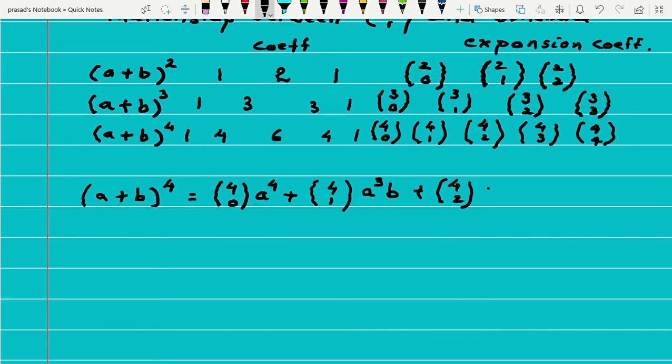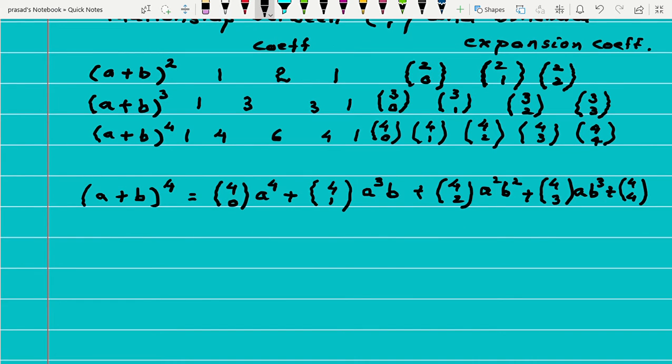Reduce a's power by still 1. Increase b's power by 1, b square. See that total power should be 4. Then the next coefficient is 4C3. Reduce a's power by still 1. Increase b's power by 1. And finally 4C4.